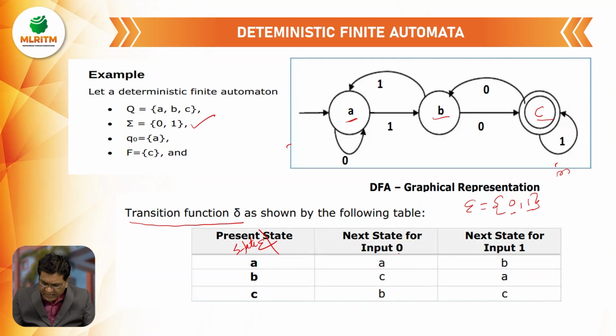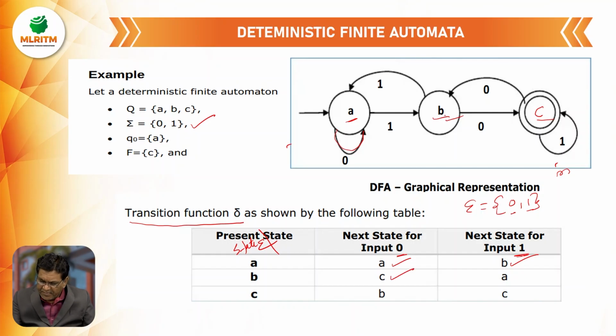A with 0 goes to itself only, so that's why A is written. A with 1 goes to B. So the next state for input 1 from present state A is B. B with 0 goes to C. That's what is written.